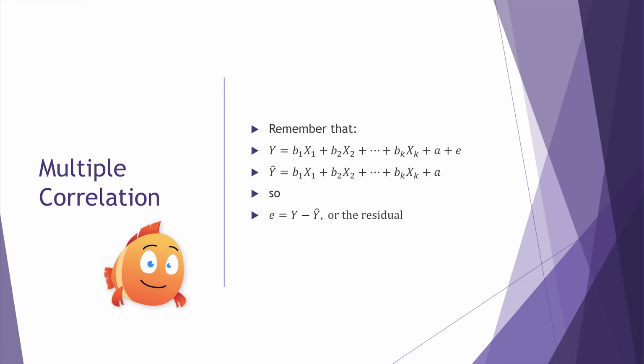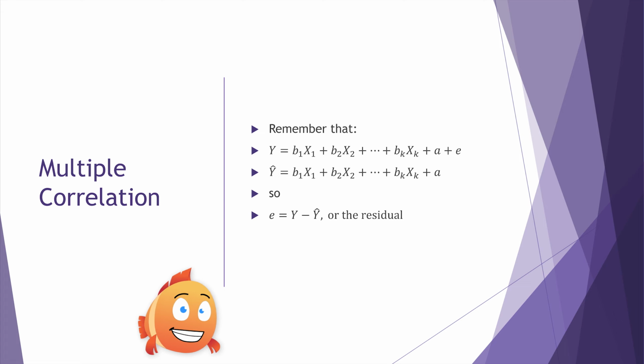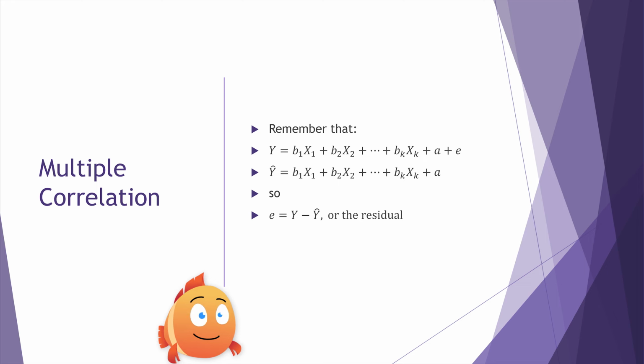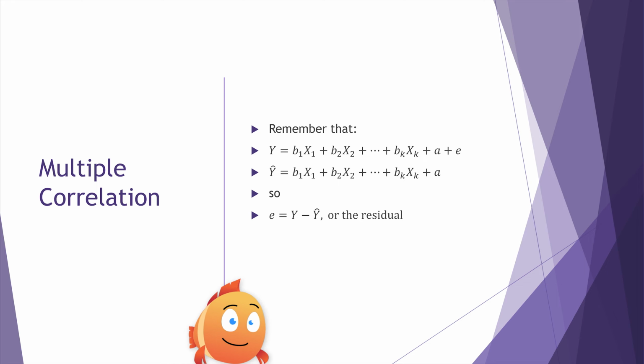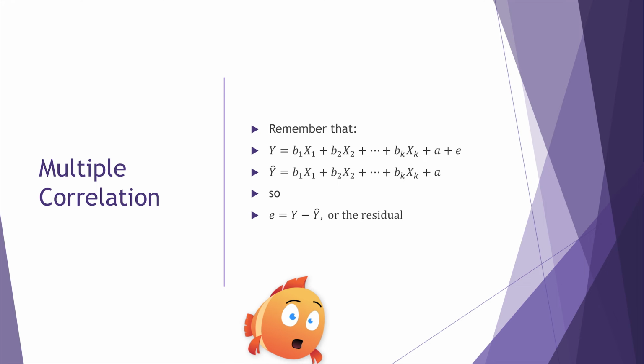Which means that when we estimate y hat, we get beta 1 x1, and so on. The only difference is we don't have e, that residual error. Instead, we just have alpha, which is the intercept. So it's the expected level of y holding all other variables at 0.